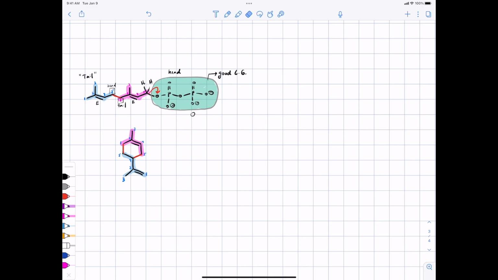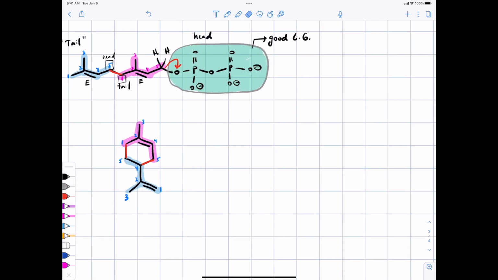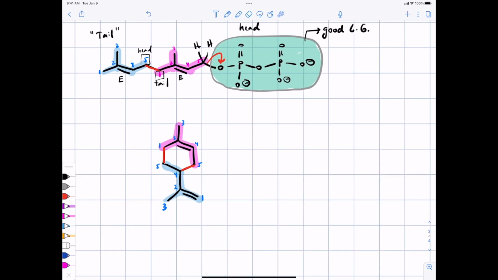And let's look at the isoprene units here as we've identified them, and notice that already in limonene, we have the characteristic head to tail bond between 5 of the blue unit and 1 of the pink unit. That's a bond we don't have to make.